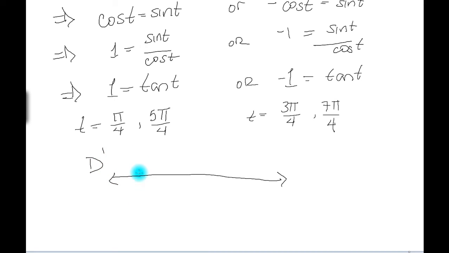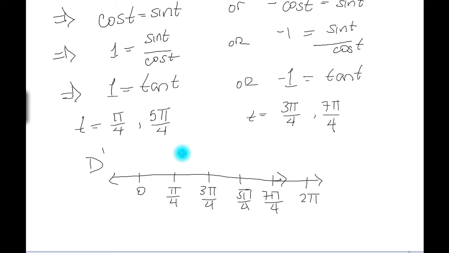And we set 0, pi over 4, 3 pi over 4, 5 pi over 4, 7 pi over 4. And we can just write it a little longer here, 2 pi. So let's choose values between 0 and pi over 4. Well, just 0. And where do we plug this value?